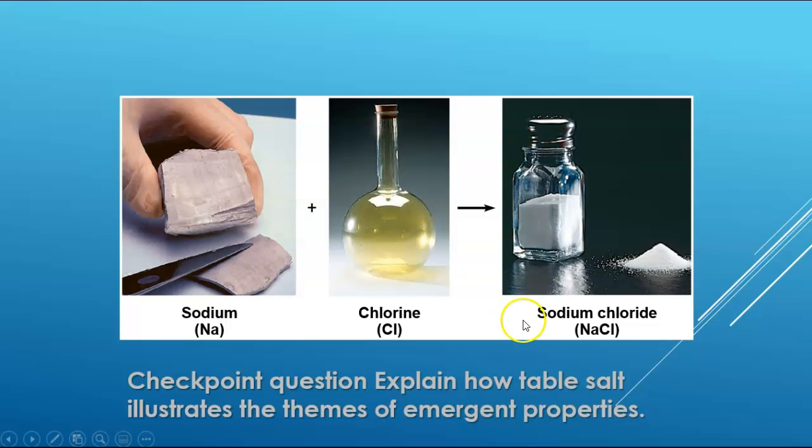Okay. So big thing, first of all, number 1, we're going to talk about some of the elements. So I want you to look at the pictures here, and I want you to explain how table salt illustrates the themes of emergent properties when you look at the components of sodium chloride, or table salt. That is sodium, which is a soft metal, and chlorine, which is a green poisonous gas.